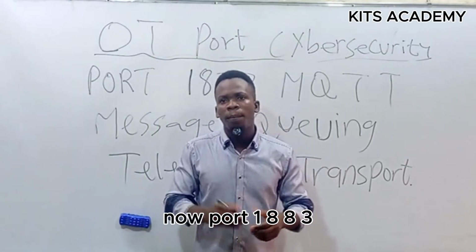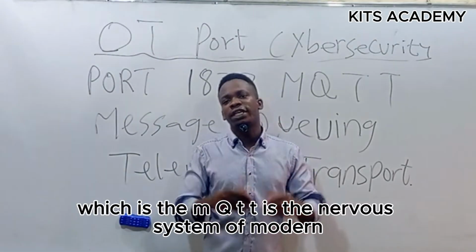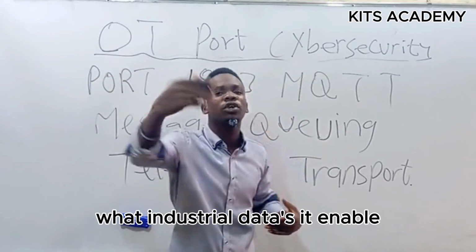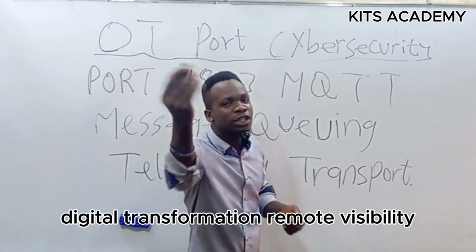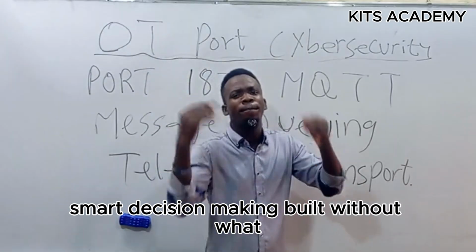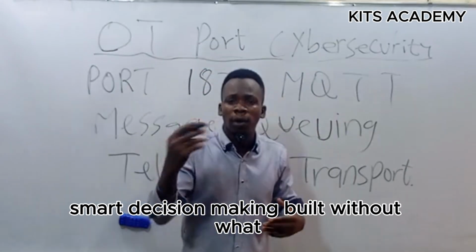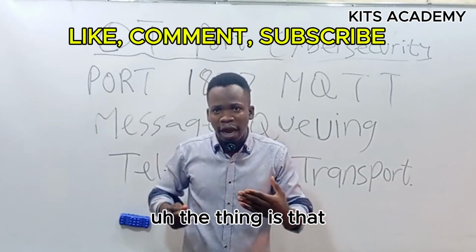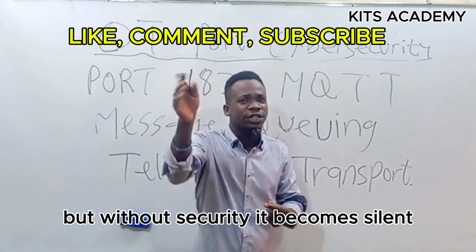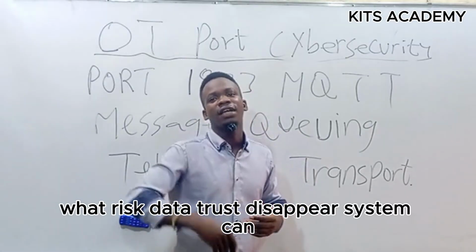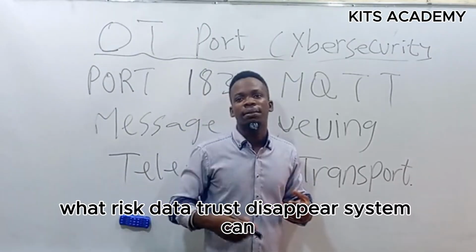Port 1883, which is MQTT, is the nervous system of modern industrial data. It enables digital transformation, remote visibility, and smart decision making. But without security, it becomes a silent risk. Data trust disappears, and systems can be compromised.